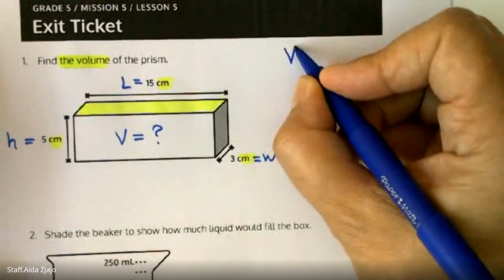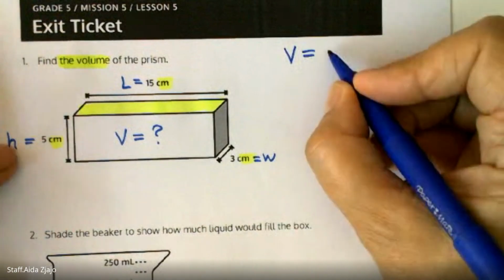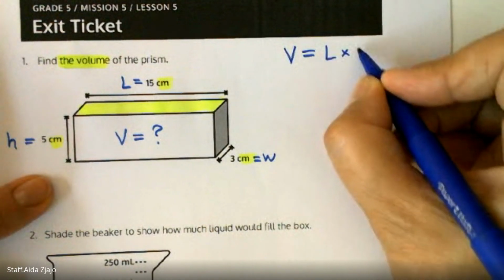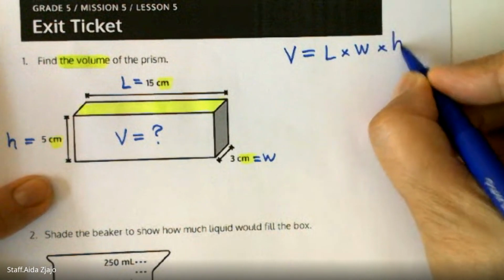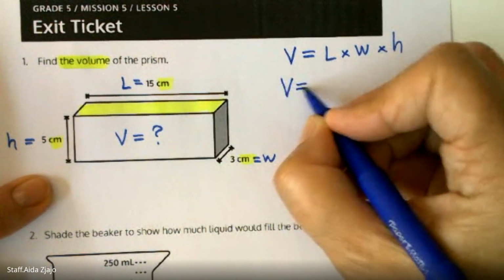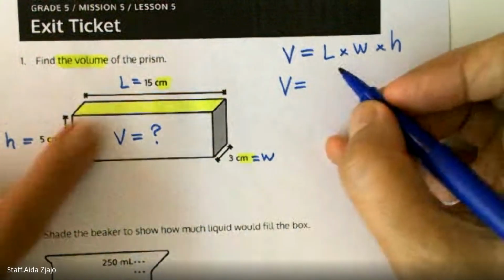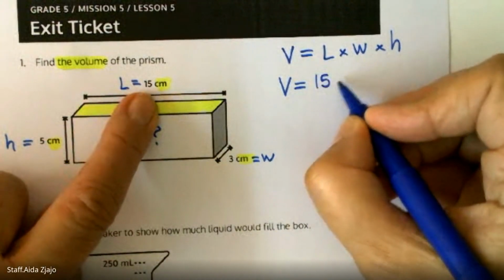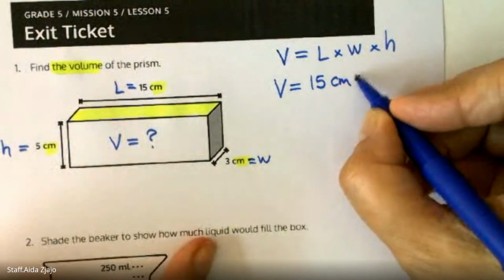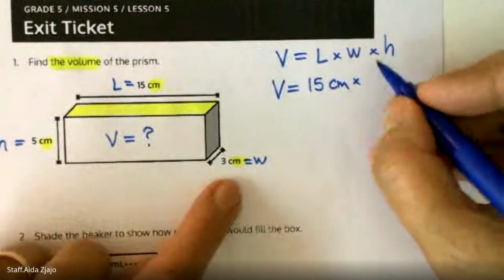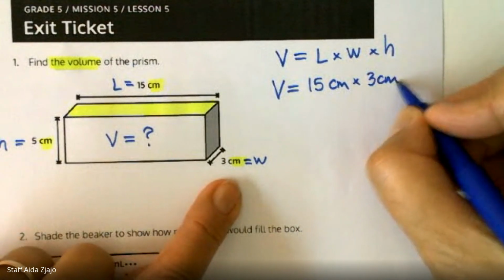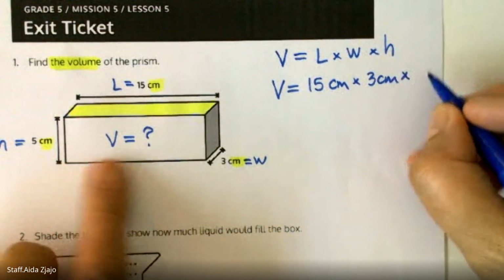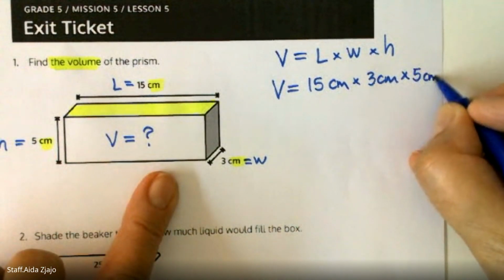So let's go. Our formula for volume is length times width times height. Since we have all the values, the length is 15 centimeters, the width is 3 centimeters, and the height is 5 centimeters.